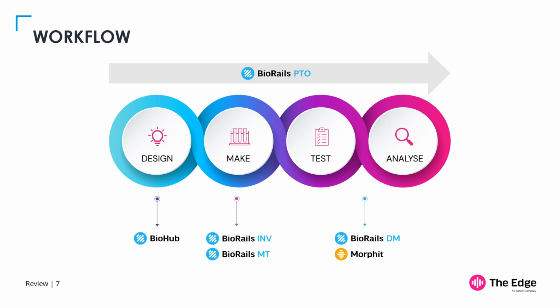The DM and Morphit are used to drive instrumentation to create plates, to read data off of readers and analyze, normalize, and fit curves or whatever the assay might be in order to quality control check and validate the results, so that those results can be published to the warehouse, the BioHub, to feed the next round of design changes.